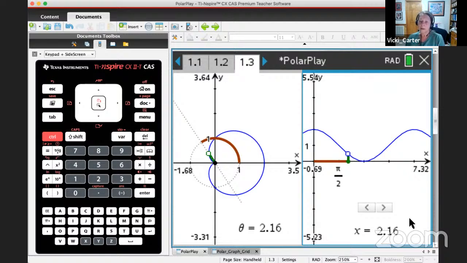I think back to when I was learning this eons ago, why didn't we do that? But there was no beautiful technology that helped us visualize these connections. I guess it was just too much trouble to look at it that way. But I think it's very important for the students to see that connection.